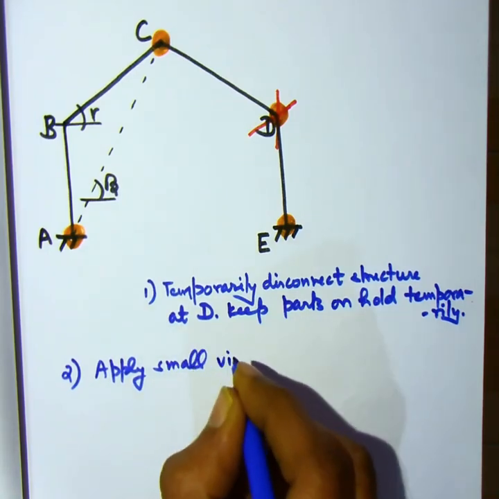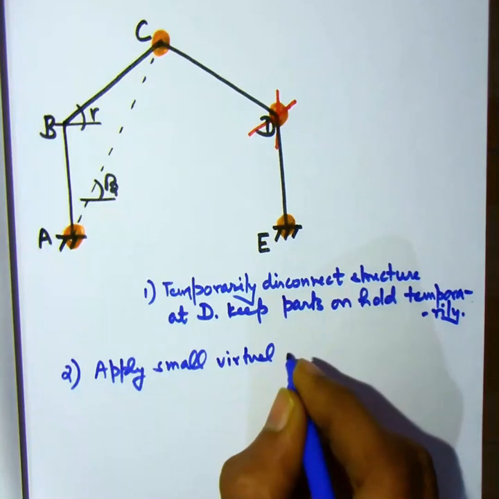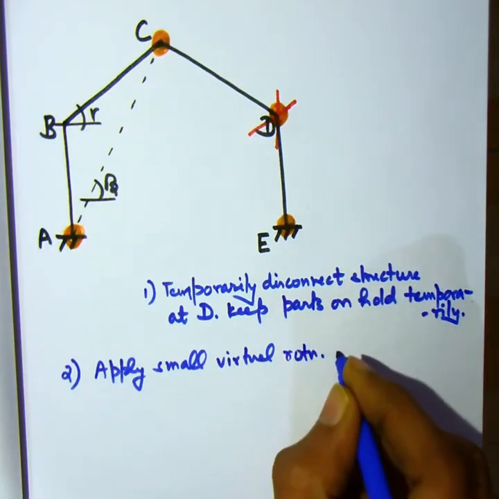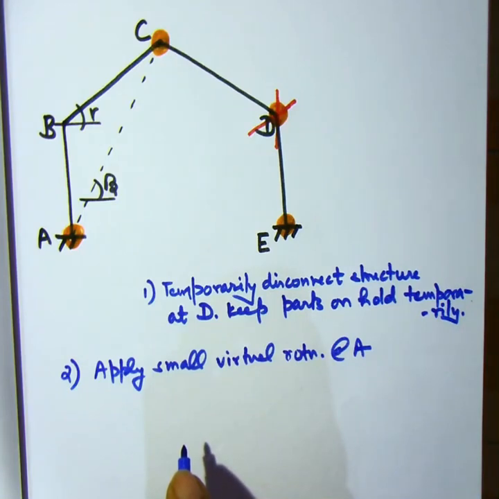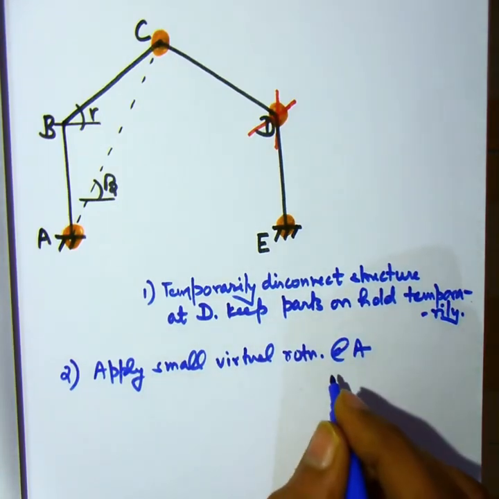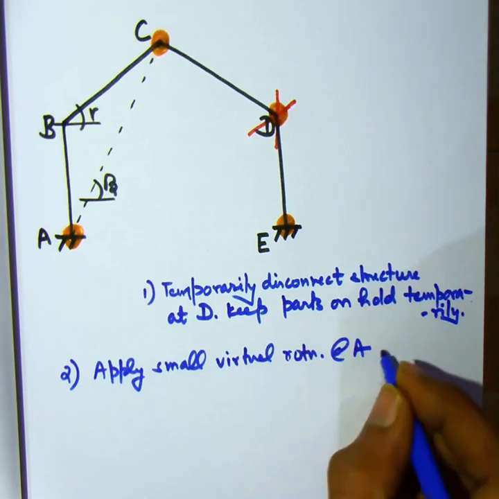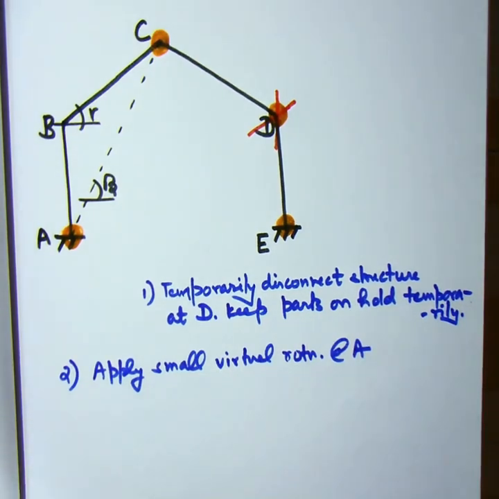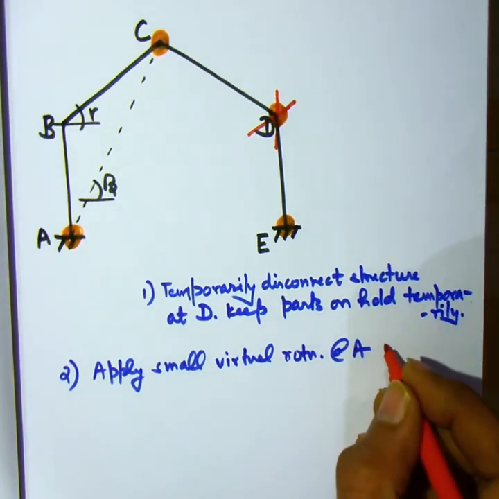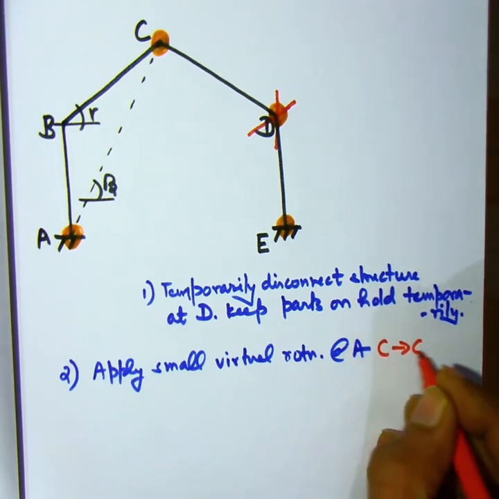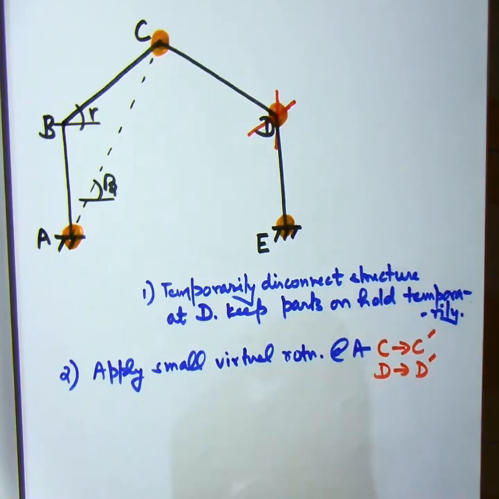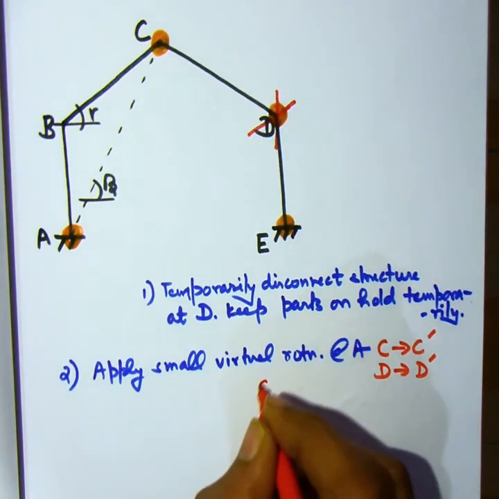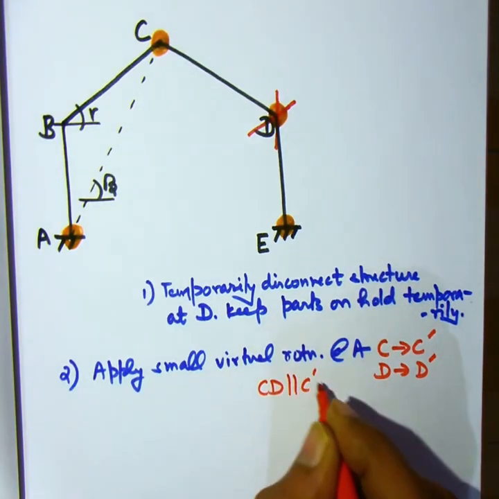Next, we apply a very small virtual rotation of the part ABCD about A. But we do it in such a way that CD remains parallel to itself. So C moves to C dash, D moves to D dash, but we deliberately keep CD and C dash D dash parallel to each other.